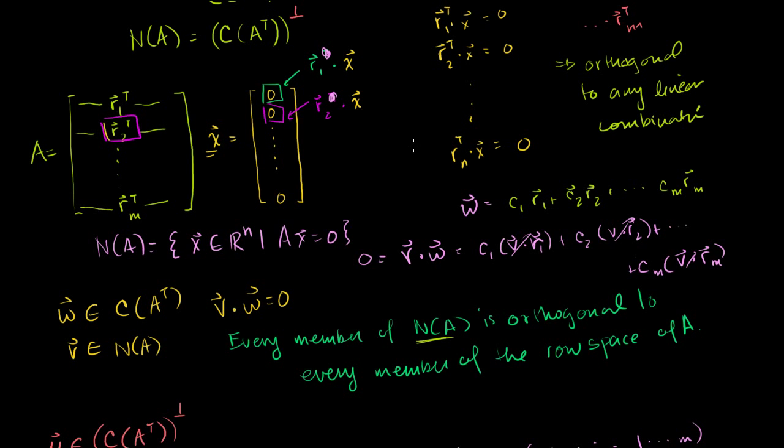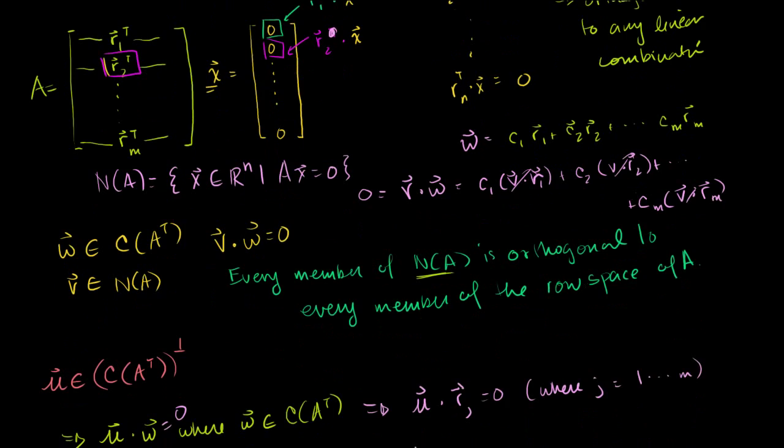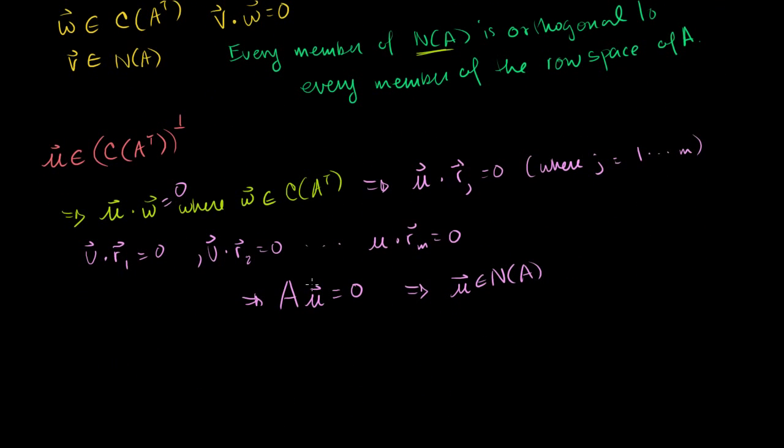But that diverts me from my main takeaway, my punchline, the big picture. We now showed you any member of our null space is a member of the orthogonal complement. So we just showed you this first statement here is another way of saying that the null space is a subset of the orthogonal complement of the row space. So that's our row space, and that's the orthogonal complement of our row space.